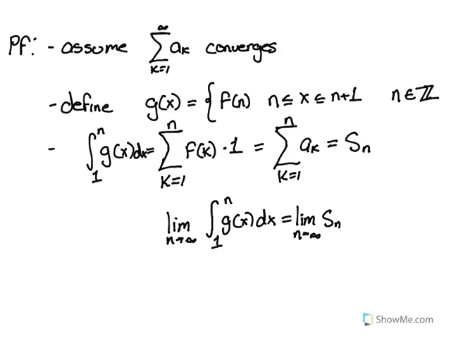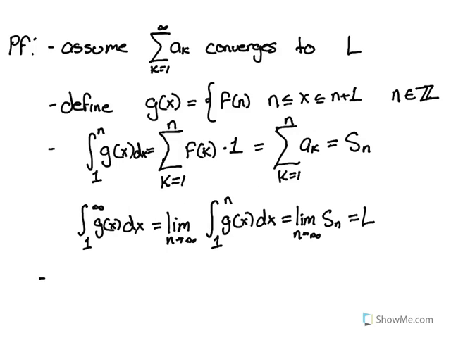Let's say it converges to L. Then this limit as n goes to infinity of S_n is equal to L. But also the limit as n goes to infinity of the integral from 1 to n is just equal to the improper integral from 1 to infinity of g of x dx. So we know that the improper integral of g of x converges, and it converges to L.